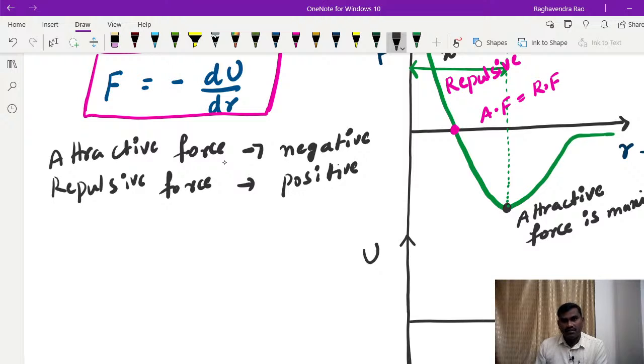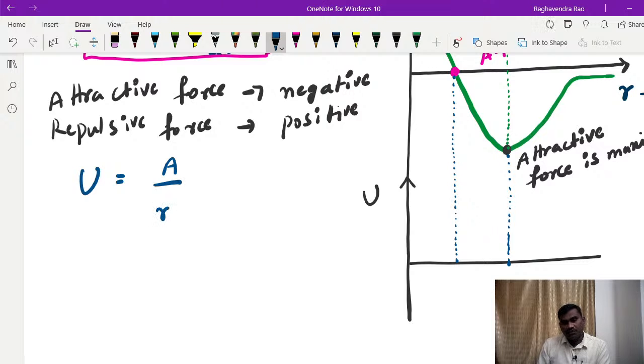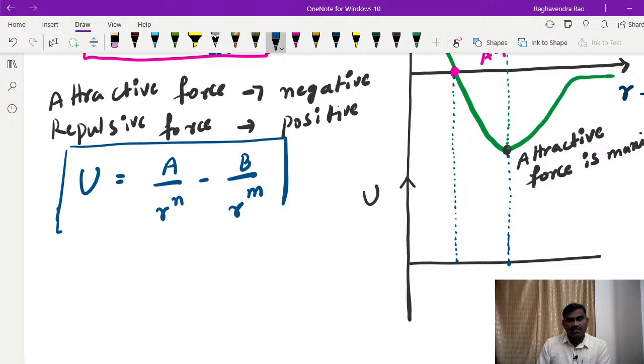Now we can extend this point like this to understand the similarity between the two. So what is potential energy? U is equal to A by R to the power of N minus B by R to the power of M. This is the general form of the potential energy.